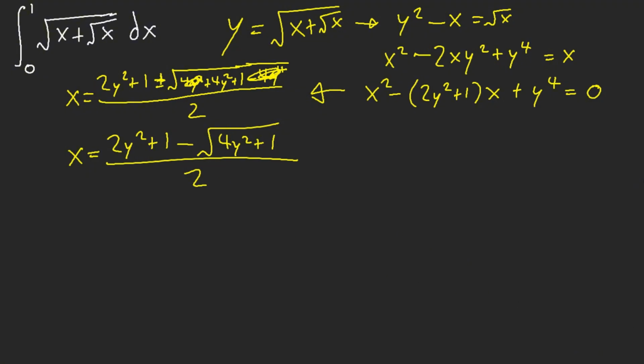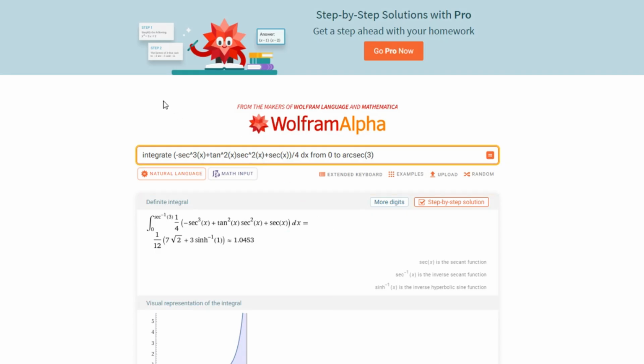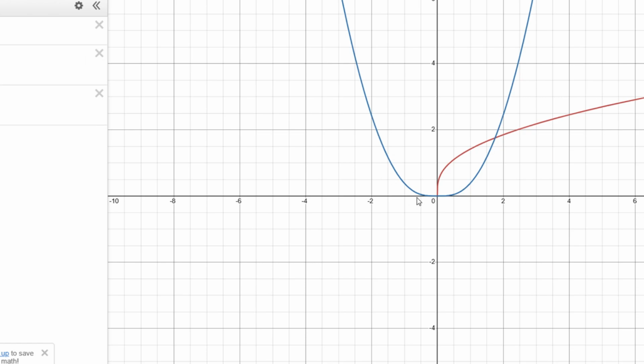But to show you in Desmos, this red one is the function for the square root of x plus square root of x, right? Now you can see that this blue one is the complete inverse. But this blue function here is negative.